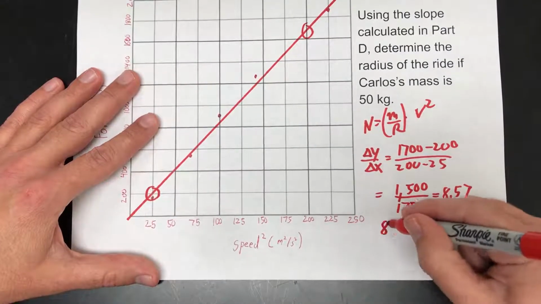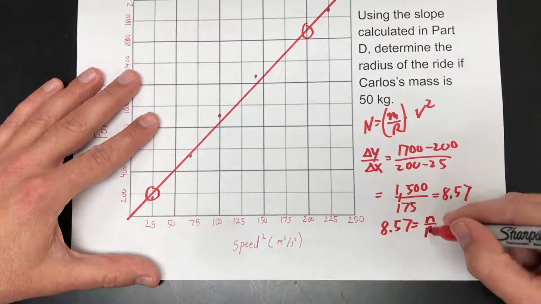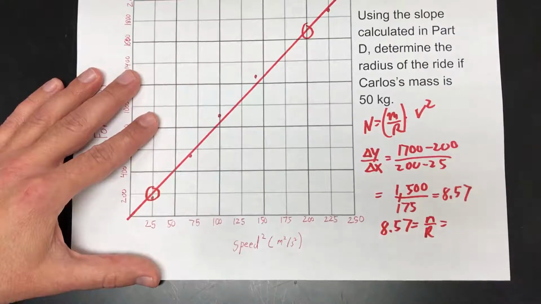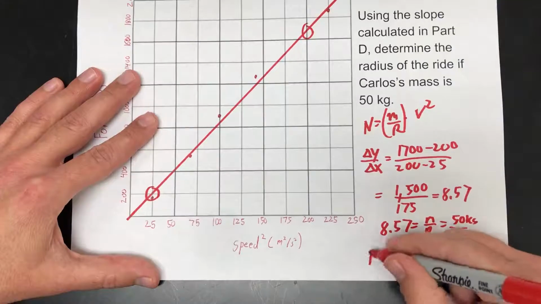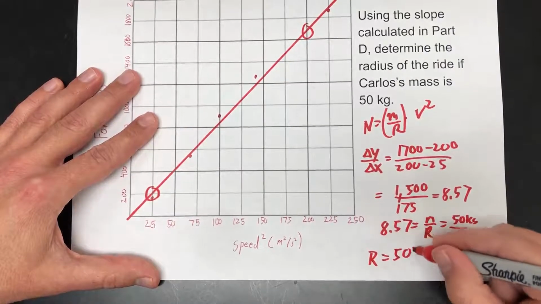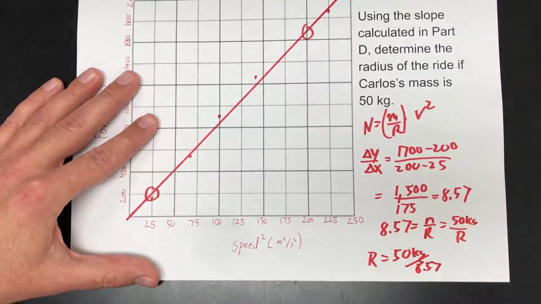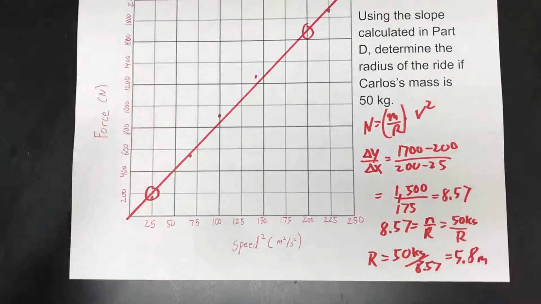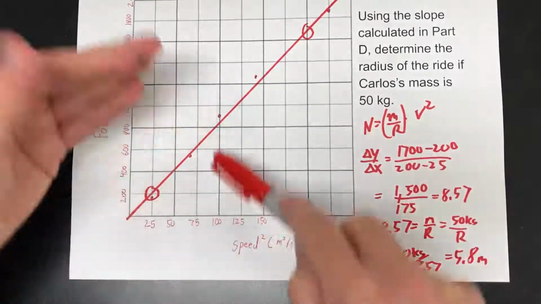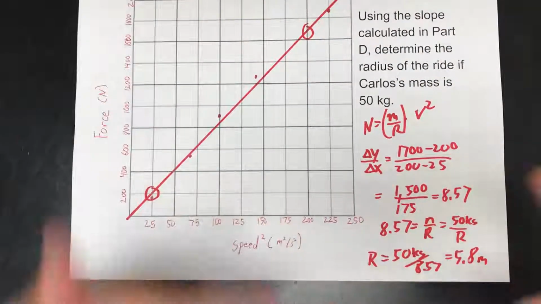I've got to set that 8.57 equal to my mass over my radius, but my mass is 50 kilograms over r. So when we go to solve for r, we get 50 kilograms divided by 8.57, and that gives me about 5.8 meters. You could obviously get some variation in there because your best fit line might have some variation because of how you scaled the graph.